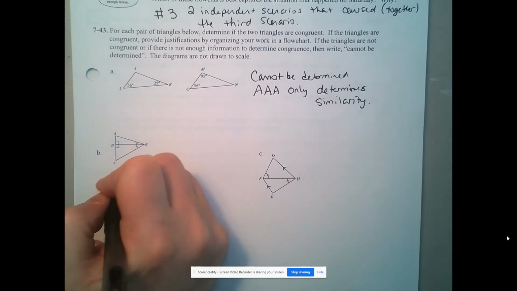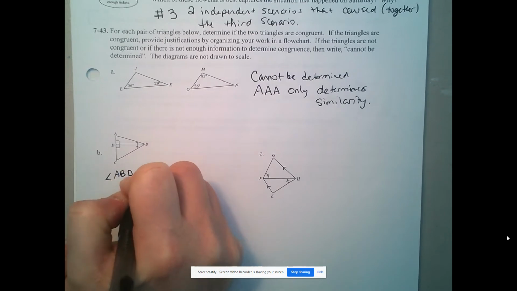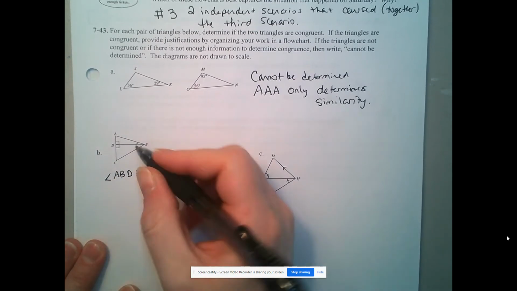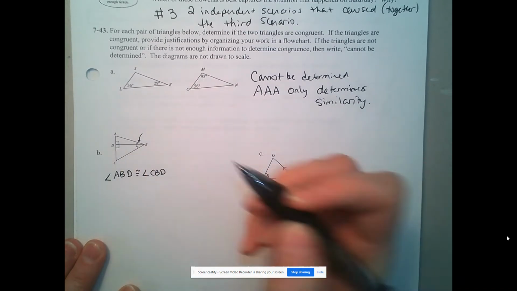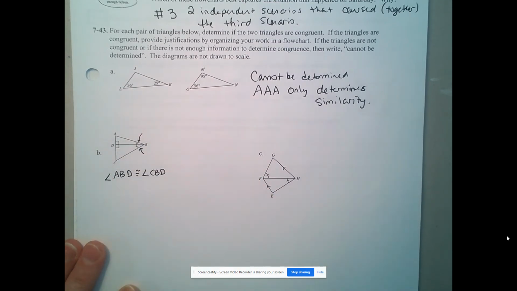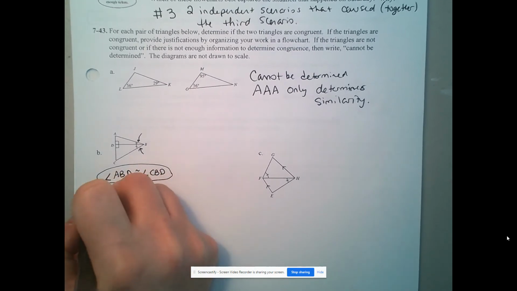So let's say I want to say angle ABD is congruent to angle CBD. So that's this little angle ABD. That's this one right here. And then CBD is this one here, the ones with the arcs with the single tick mark. So because the arc is there with the single tick mark, that would be a given.